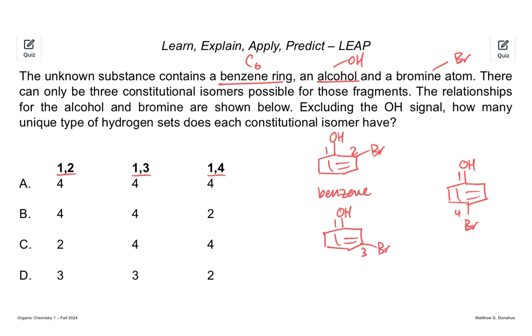So it says, how many unique type of hydrogen sets does each constitutional isomer have, excluding the OH signal? Well, we need to figure it out for all of them.